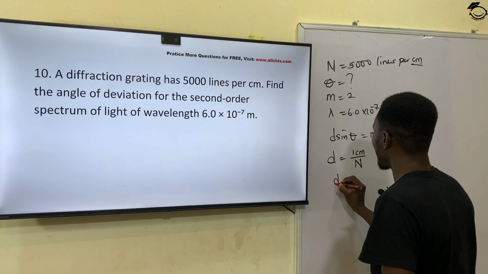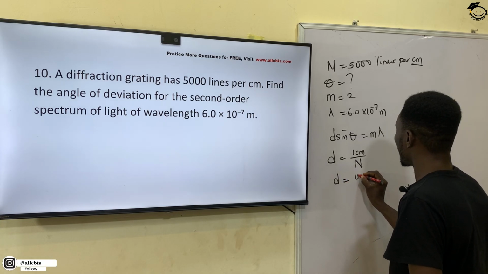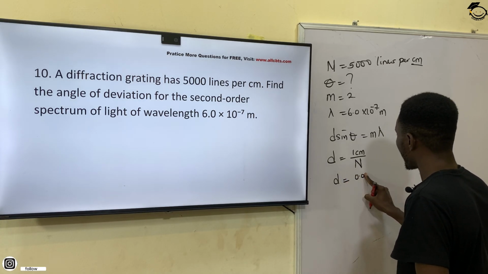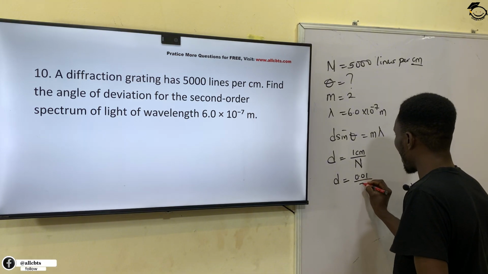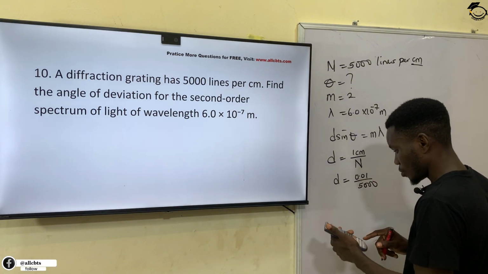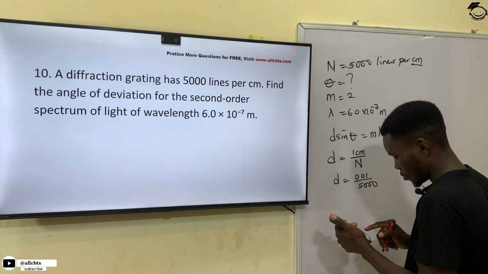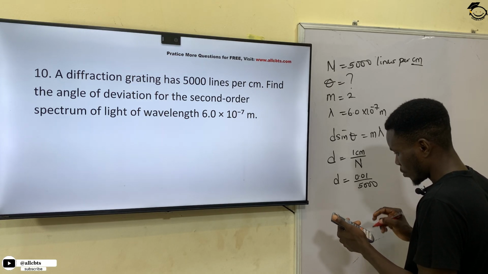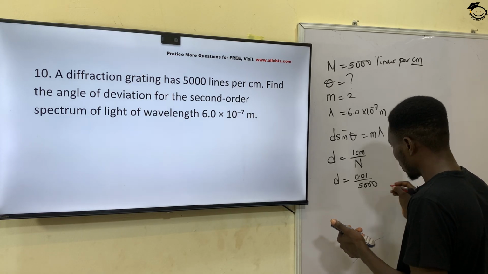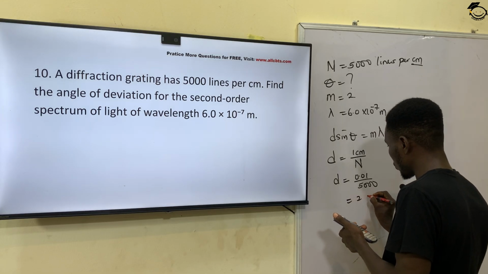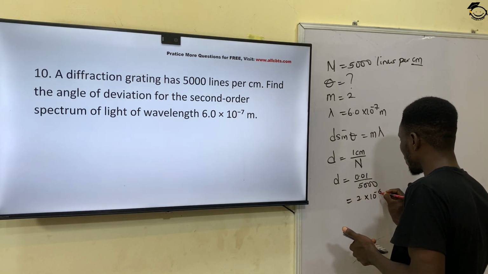So that gives me 0.01 meter divided by 5,000, which will give me 2 times 10 raised to the power minus 6 meters.